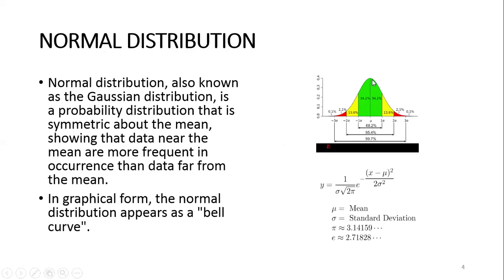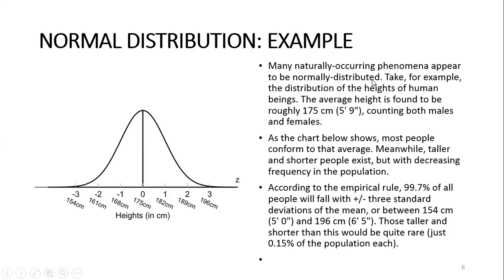For example, if you look at this curve now, the mean of this data captured here is 175 cm at the center. The median is 175 cm. The mode, 175 cm.